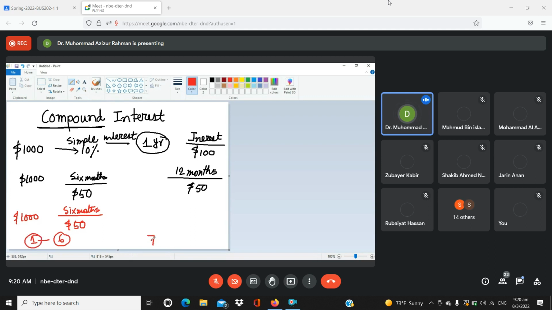But another calculation should be 7 to 12 months, right? I'm saying that my calculation should be done half yearly. So at the end of 6 months, what will be my principal amount? Sir, 1,050.